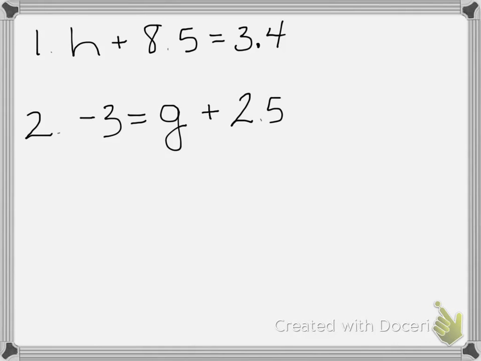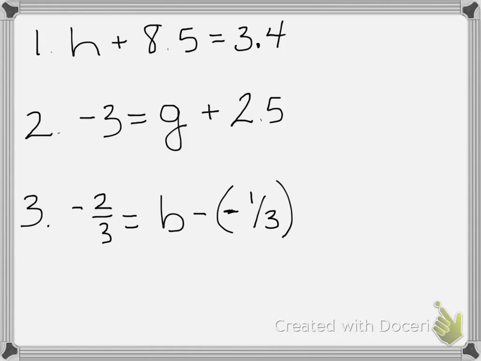Solve for G. And number 3, -2/3 is equal to B minus a -1/3. Remember your rules. Change the minus to a plus, change the sign of the next, and then all you do is add them up as if they were a plus. Okay, pause the video and go ahead and try to solve these 3.